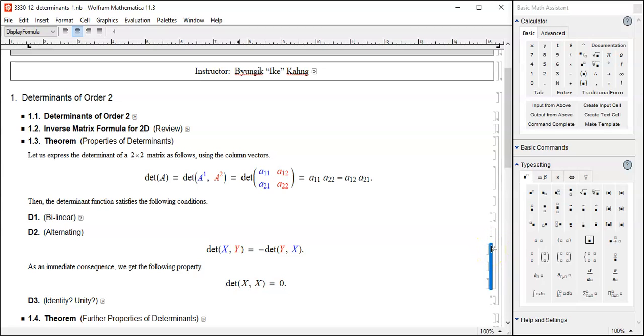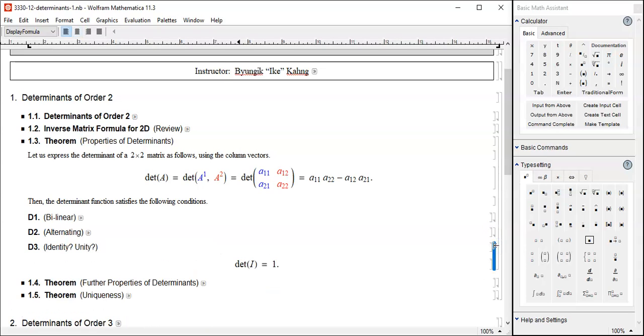By the way, as an immediate consequence, determinant of x comma x, if two columns are the same, then you have to have 0. It's clear, right? X comma x, switch x comma x. So what do you get? We get the same determinant except for a negative sign. What kind of number is equal to the negative of itself? Only 0.